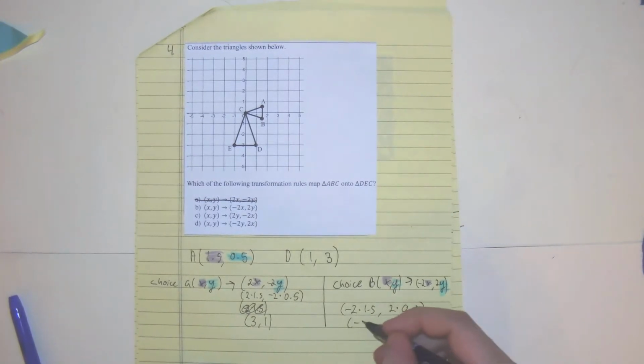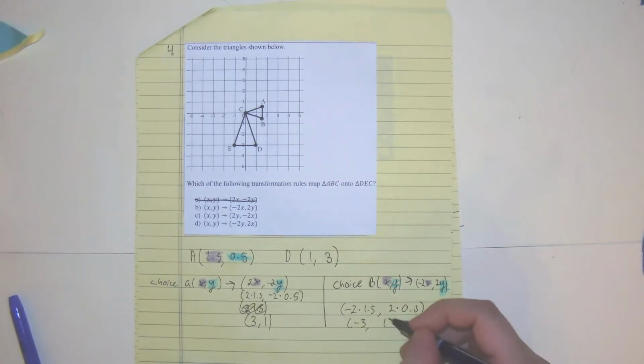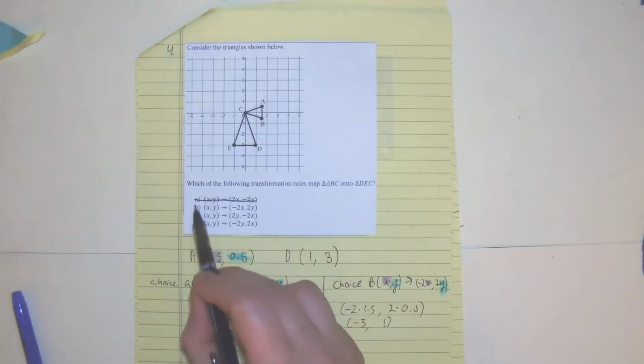That would get us negative 3, comma 1. Negative 3, 1 does not work.